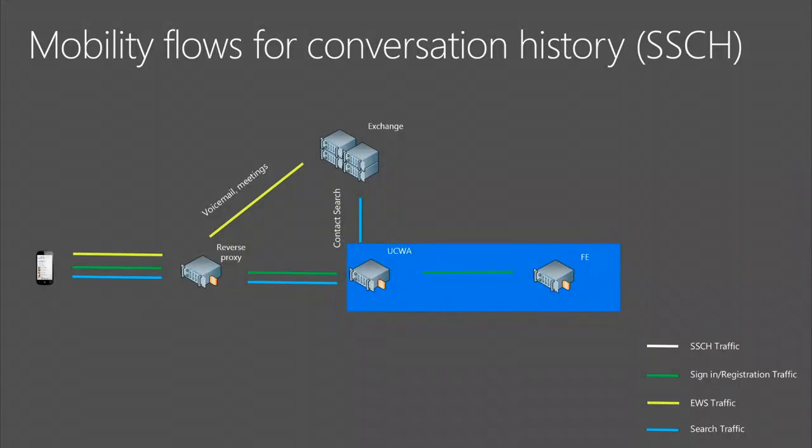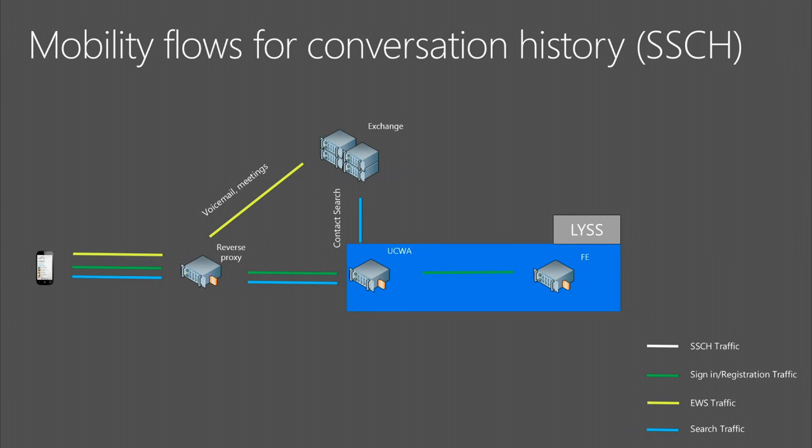So for SSCH, what we have done is, as you can see, currently in the design there is nothing that can actually write conversations or sync conversations for mobile endpoints. So we are leveraging LIS. LIS is the Lync Storage Service that is currently used for QoE metrics. It's used for CDR data to write it to archiving.